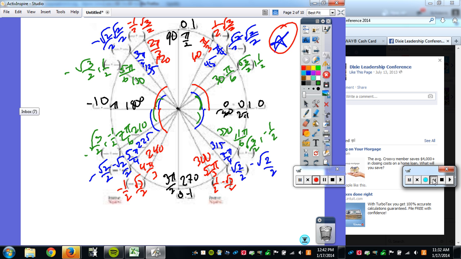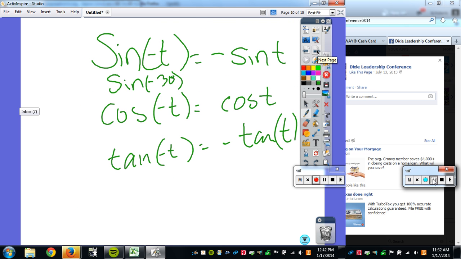So sine of negative theta is just negative sine of the original angle.